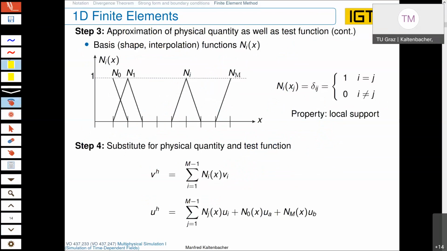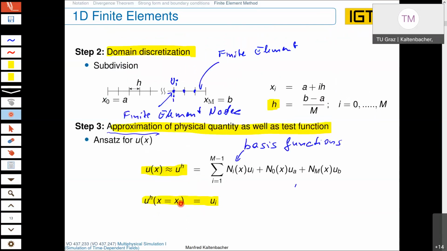So again, step 3, the approximation of the physical quantity. Let's write it also here. So this is node I. As you can see, this basis function ni is exactly 1 at node I, which has to be the case, otherwise this would not be correct.